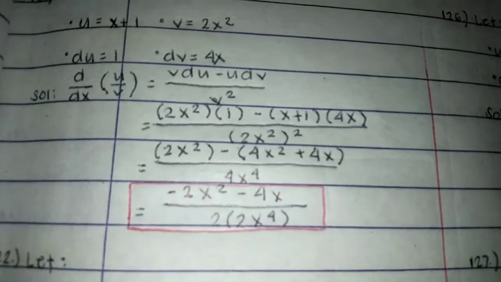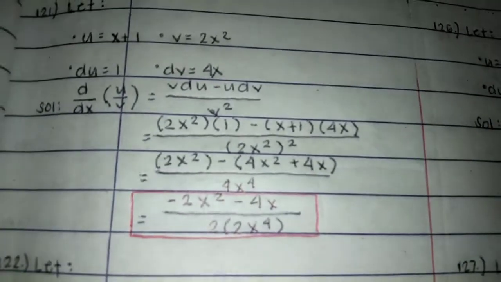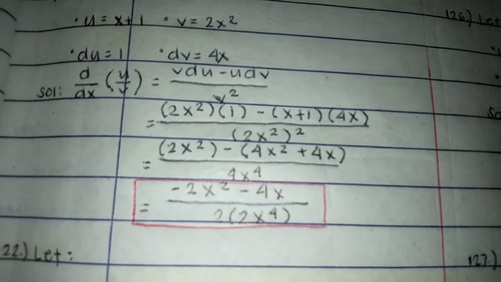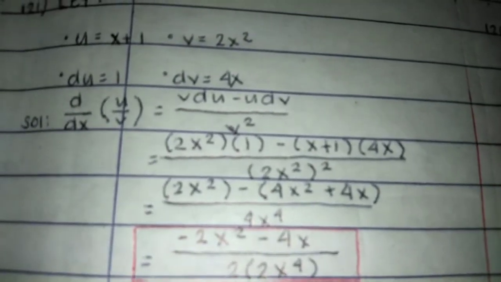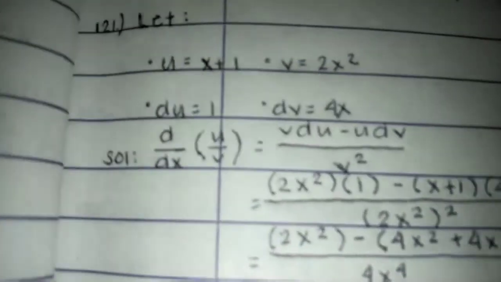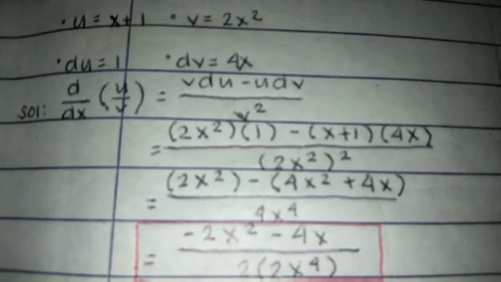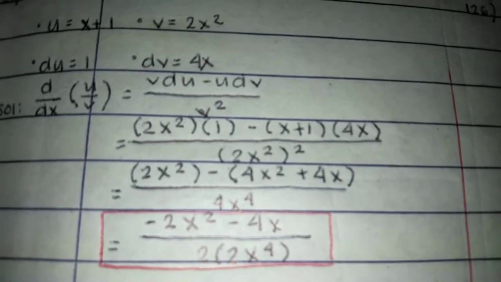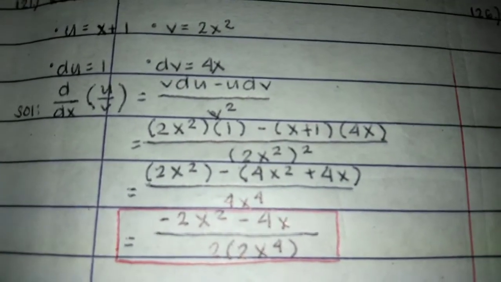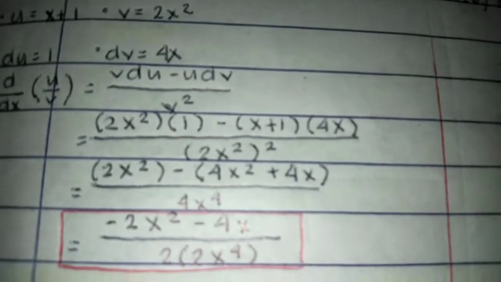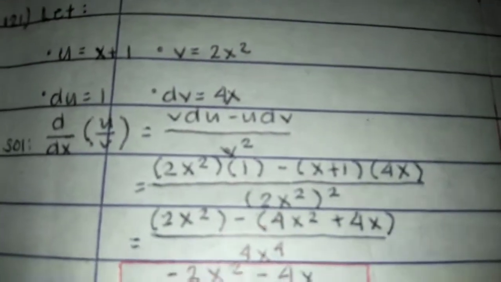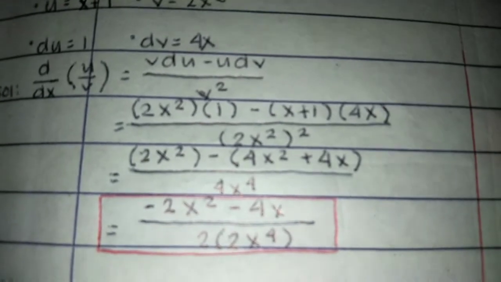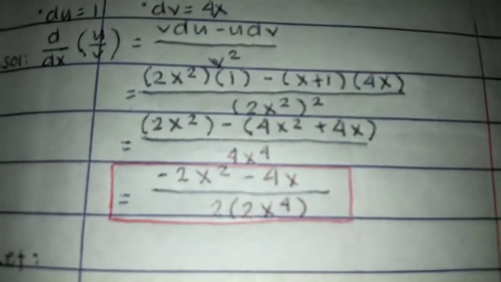Going to the formula, we're going to substitute these values. So v is 2x squared, and the derivative of u is 1, minus the value of u, x plus 1, times the derivative of v, 4x, over the value of v, 2x squared, and we're going to square it once more.